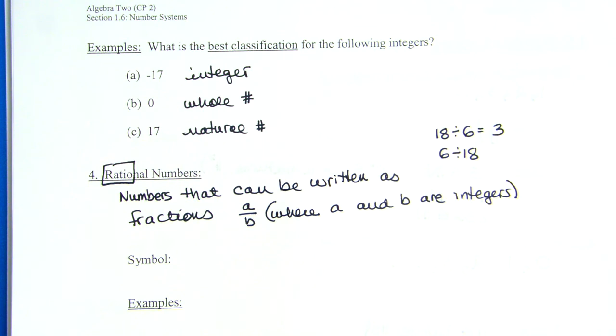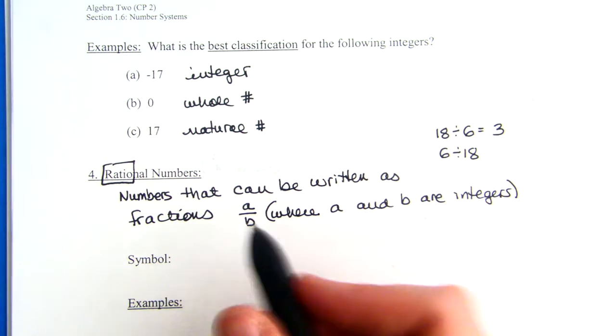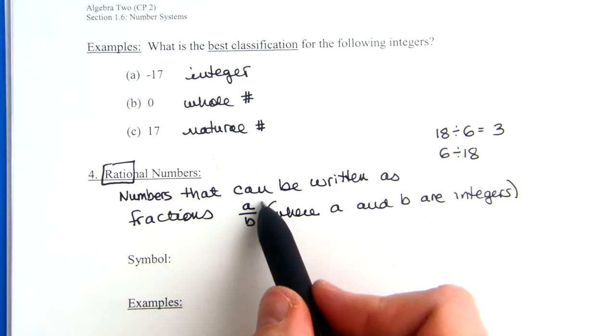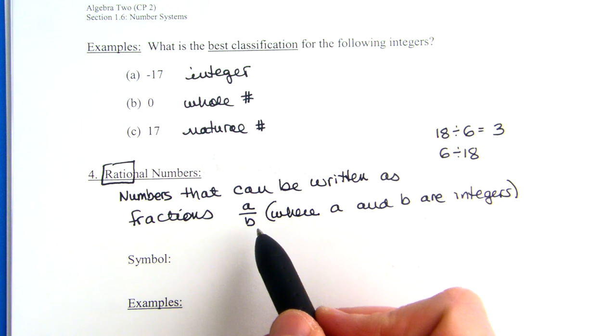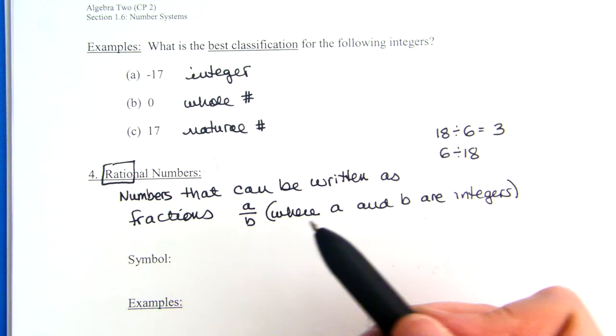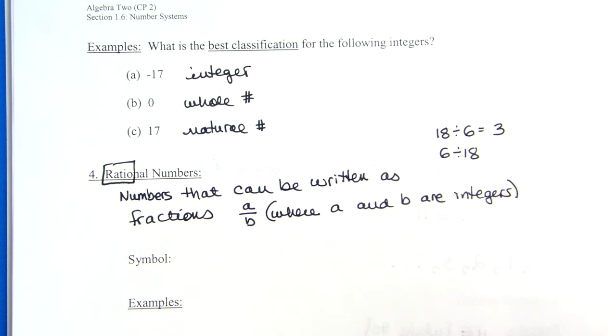So we have a symbol for rational numbers. And we're not going to use R. We're going to save that for something else in a moment that you might already know. Instead, rational numbers are fractions. Fractions are division problems. Do you know the name of the answer to a division problem? Like the answer to an addition problem is the sum. The answer to a subtraction problem is the difference.